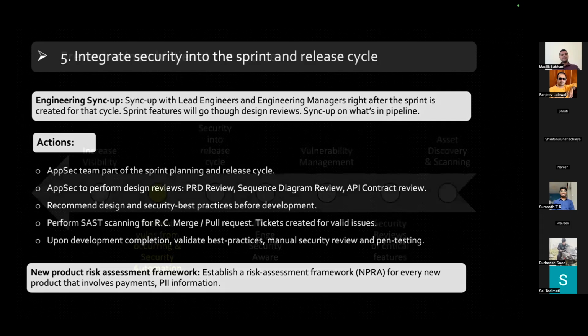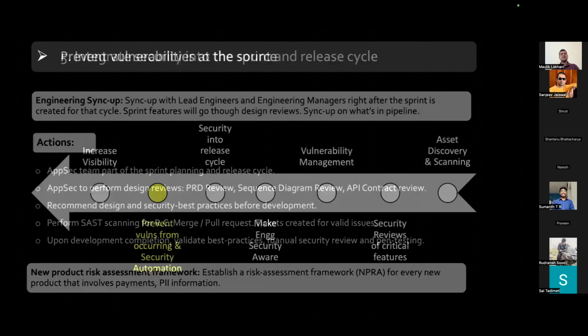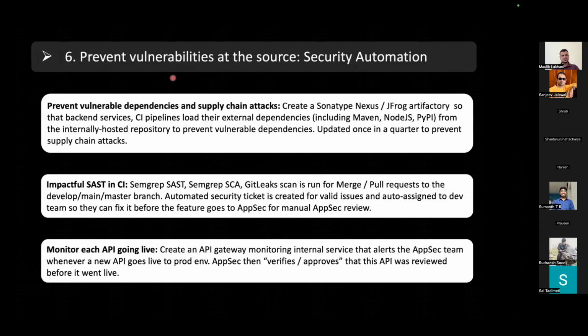So how do you try to prevent those vulnerabilities? With Sonatype Nexus or JFrog Artifactory. It is also called a repository as well. So whenever your engineering org is building backend services, or whenever you have CI pipelines, whatever those dependencies are, such as Maven dependencies, Node dependencies, Java dependencies, Python dependencies, those are loaded from an internally hosted Artifactory or repository to prevent vulnerable dependencies.